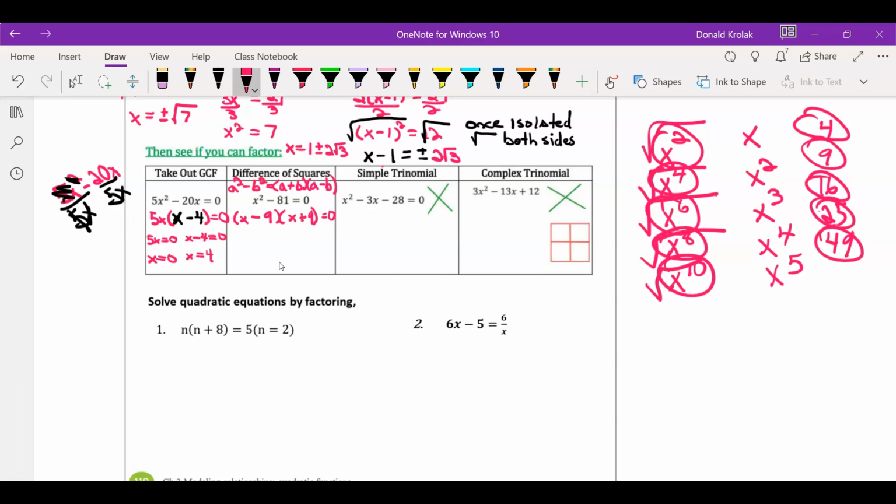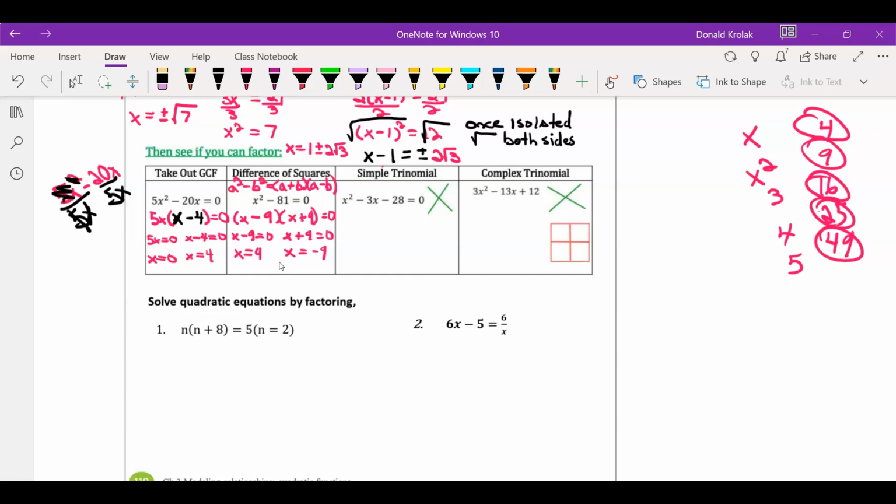And then what makes each one of these equal to 0? 9 and negative 9. You've done this. Hopefully you remembered some of it. Okay, so that's a factoring pattern called the difference of two squares.